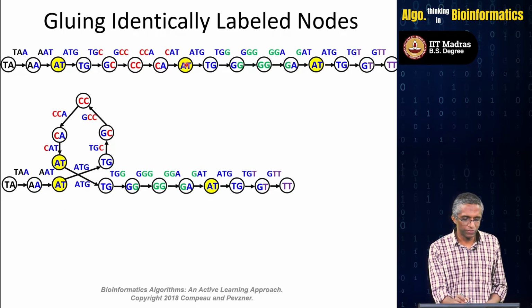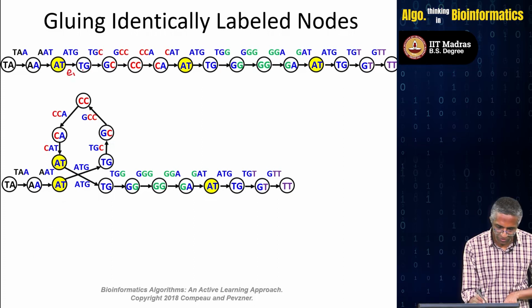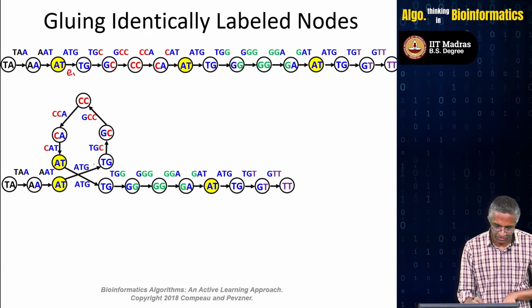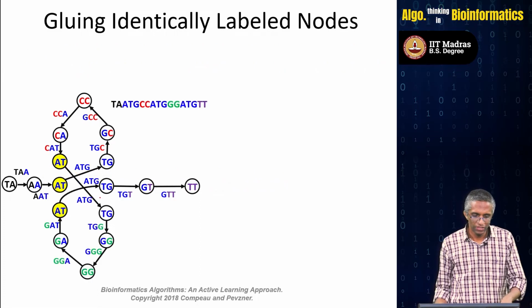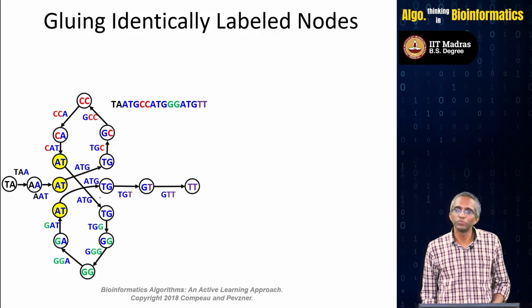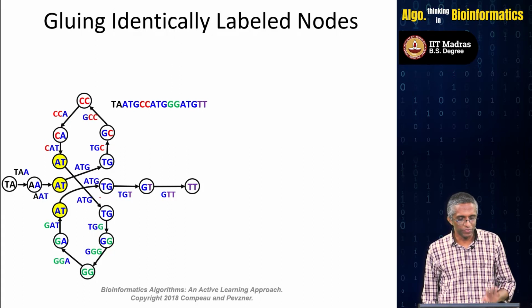To do that, we will first merge this and this. So this is edge E1, let's say, and this edge is E2. So you are then merging them. In the next step, this AT is also merged. All the other edges are kept the same way.